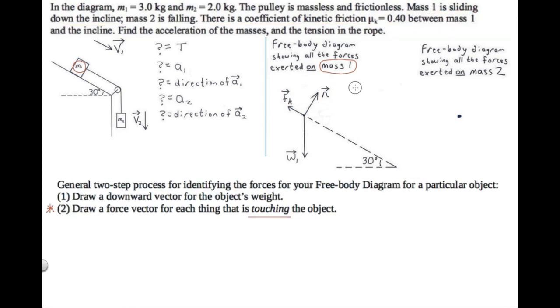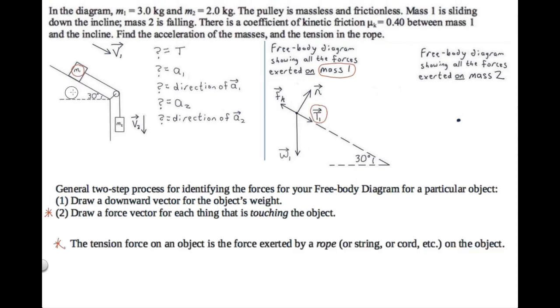Are there any other forces on mass 1? Well, ask yourself, is there anything else that is touching mass 1 besides the incline? Yes, the sketch that was provided with the problem indicates that mass 1 is also being touched by the rope.